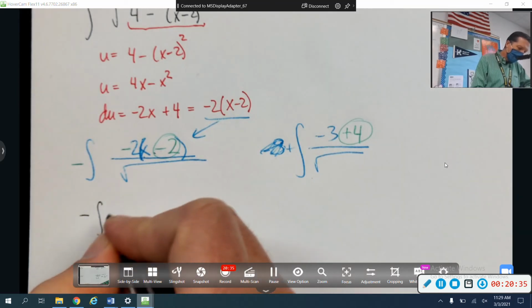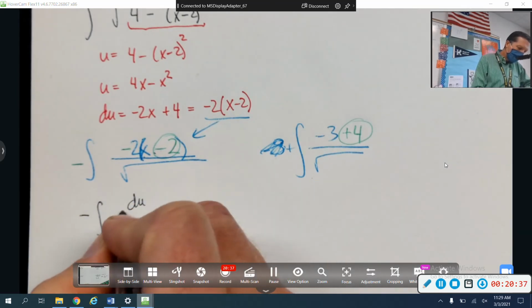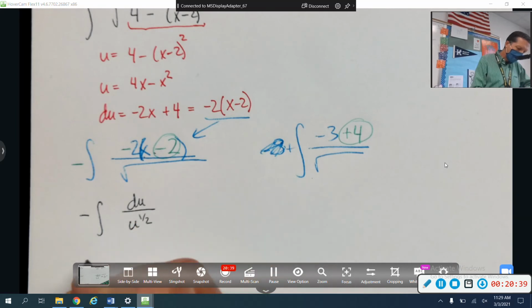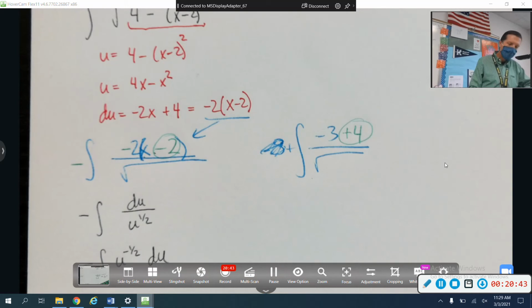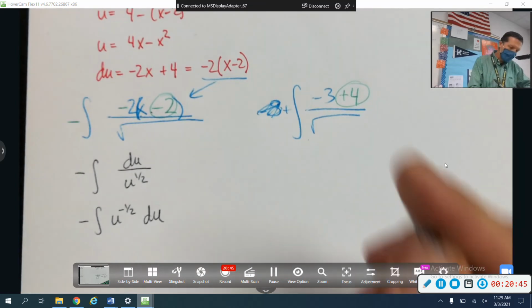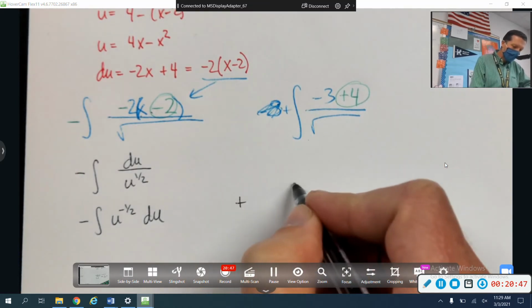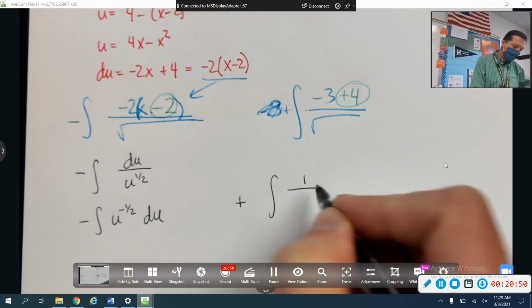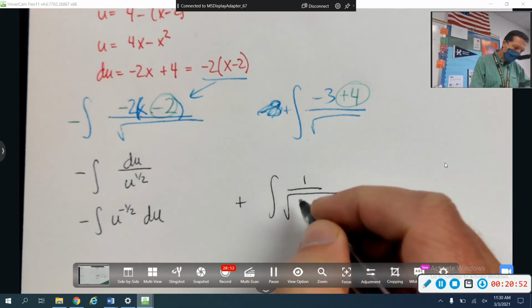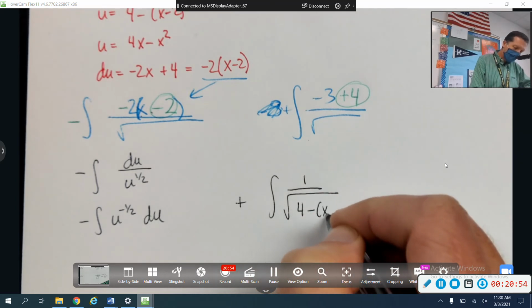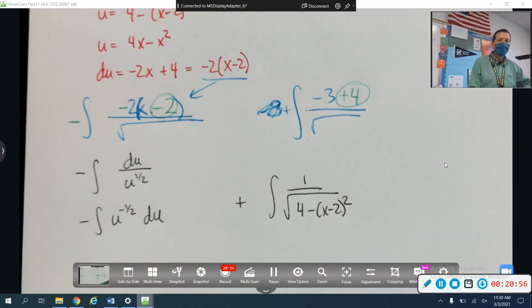And so on this first one, I've got du over u to the 1/2, u to the negative 1/2 du. And on the second one, actually that worked out great, because now I've got 1 in the top over 4 minus x minus 2 squared.